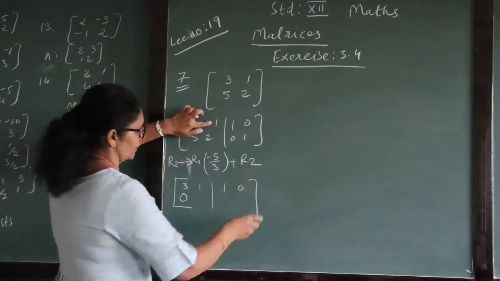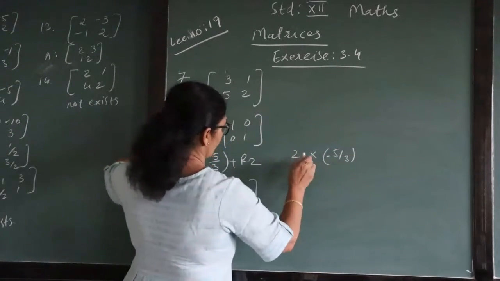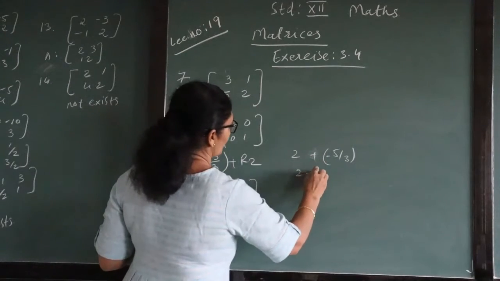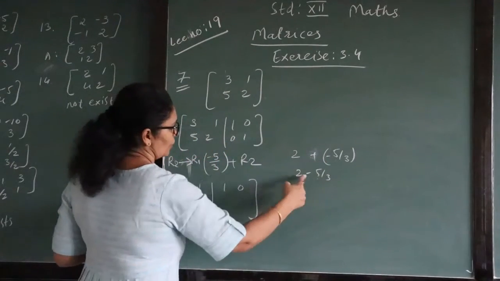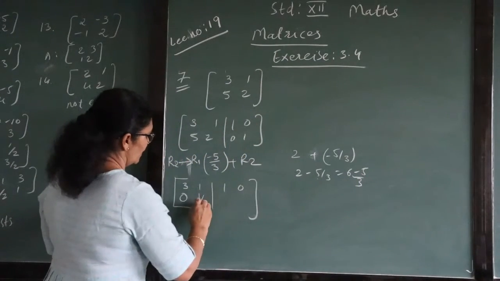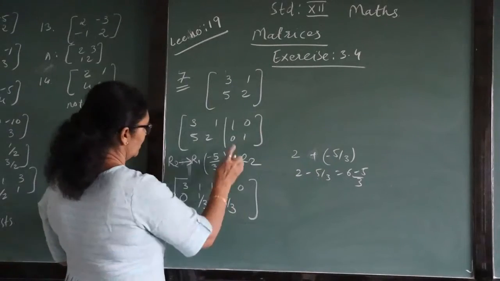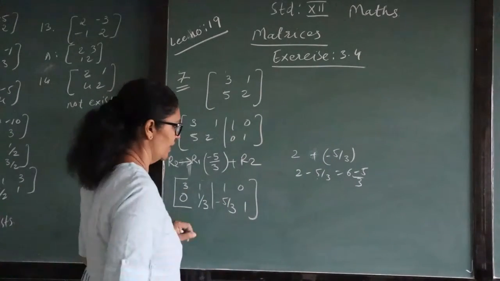Multiply 1 with minus 5 by 3. So what do you get? 2 minus 5 by 3. 3 2s are 6, minus 5 by 3. So we get 1 by 3. Same way here, minus 5 by 3 added to 0, and this 1 as it is.